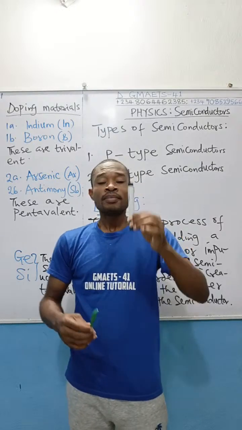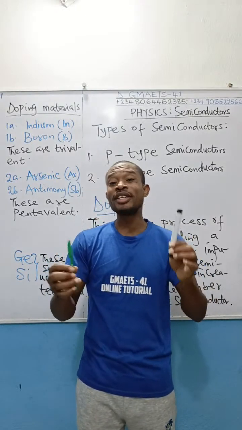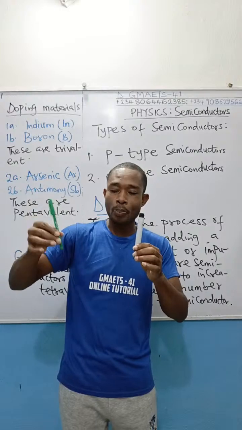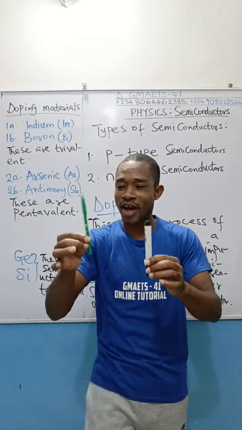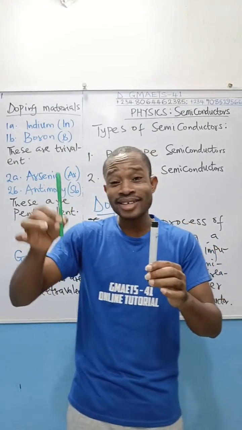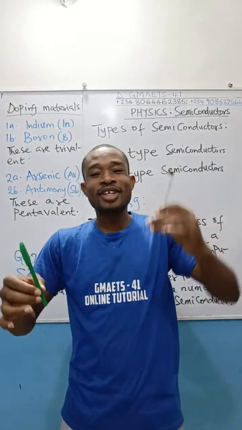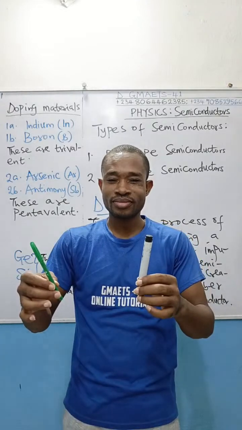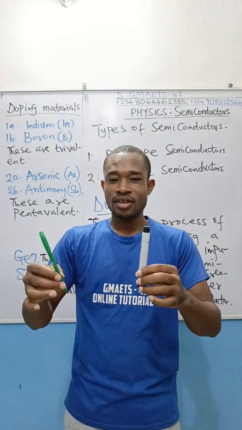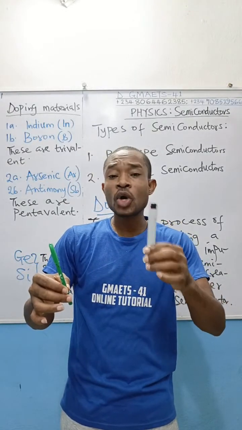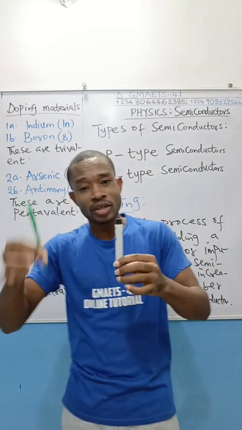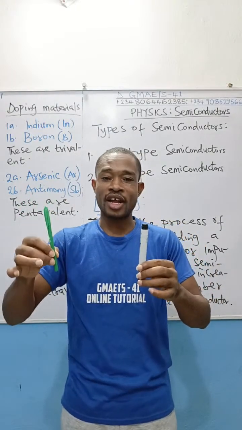Understand this. This semiconductor, being tetravalent, will give electron to this doping material, which is trivalent, because this guy has fewer electrons. The one that has higher electrons, okay, let me help you. Or you take it this way: the pure semiconductor will give electron to this doping material that is trivalent.